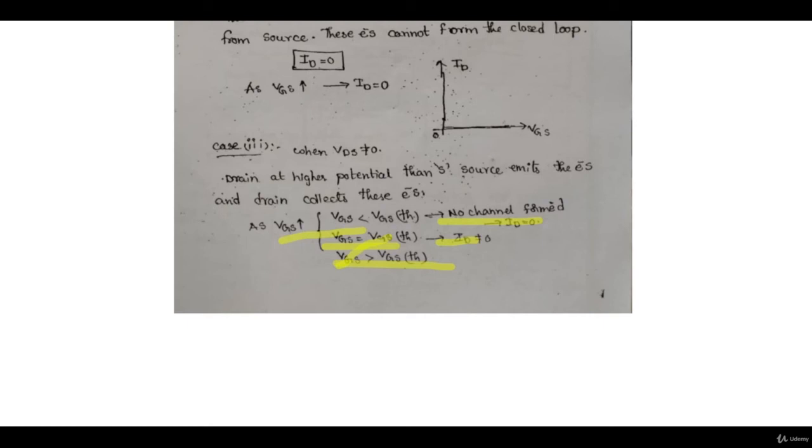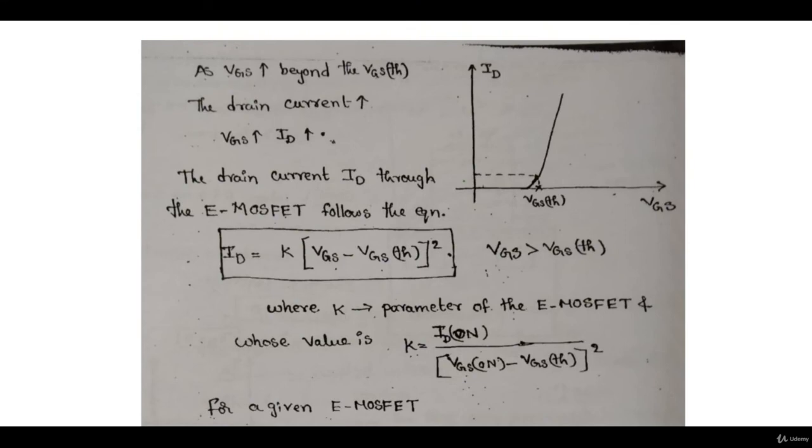So here you can see the curve. As VGS is increased beyond VGS threshold, ID will increase, and you can control ID by VGS. The more the VGS, the more the current, and this is how the curve will look.